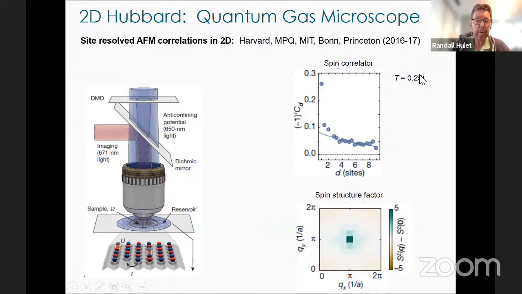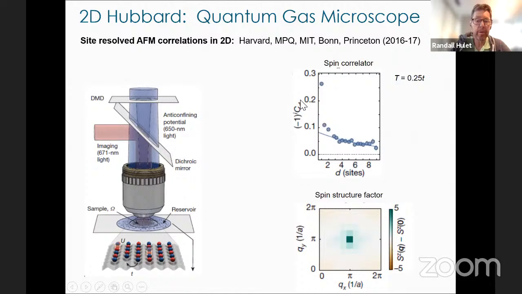They're at temperatures of 0.25 times the tunneling. We were at temperatures of about 0.5. By doing that, they could see correlations over multiple sites out to something like 8 sites away, which is about the size of their system.